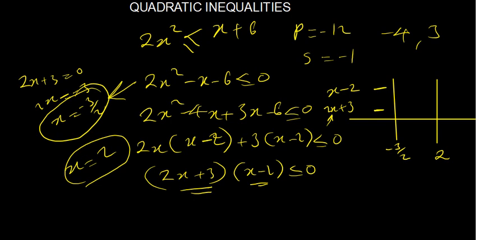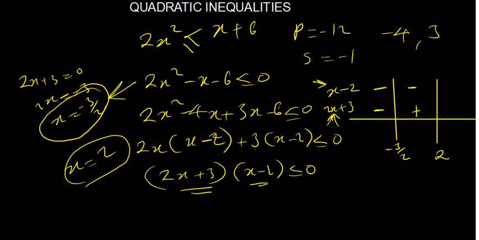If we get something between negative 3 over 2 and 2, take for example 0. If we input 0 there, that will give us 2 times 0 plus 3, which will be 3, which is positive. But if we input 0 here, it will be negative 2, which is a negative number. If we go to something above 2, take for example 3.